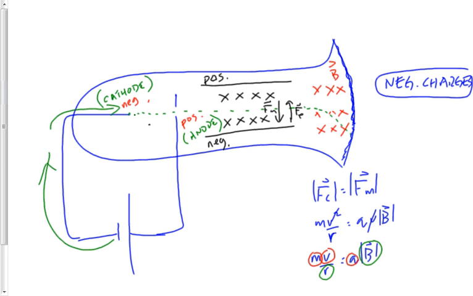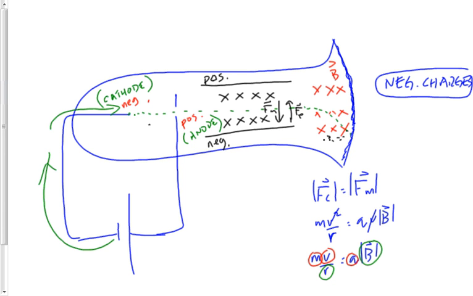Now, for lots of these particles, they're all going at different speeds. For lots of these particles, the magnetic force might be bigger than the electric force. And those particles would deflect downward and never even make it to this red chamber right here. For some of the particles that are going the wrong speed, the electric force might be bigger and they deflect upwards and they never make it to this red chamber here.